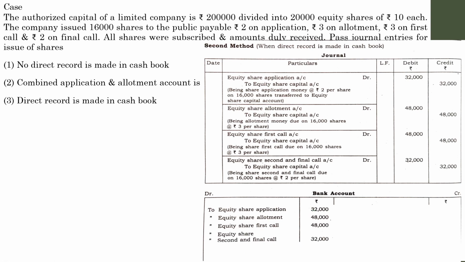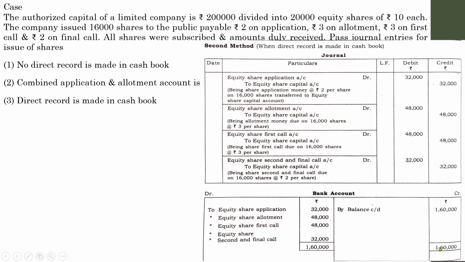So we have successfully recorded all the journal entries and we have posted the necessary bank entries or payment entries in the respective bank account. The last thing you have to do is, since we are preparing a bank account, balance this account. How are you going to balance it? It's very simple. Amounts are only on this side, here there is nothing. So take the total and write it on both sides.